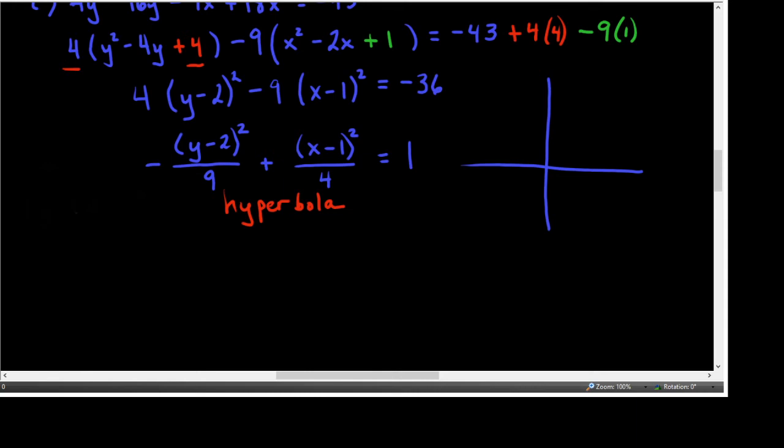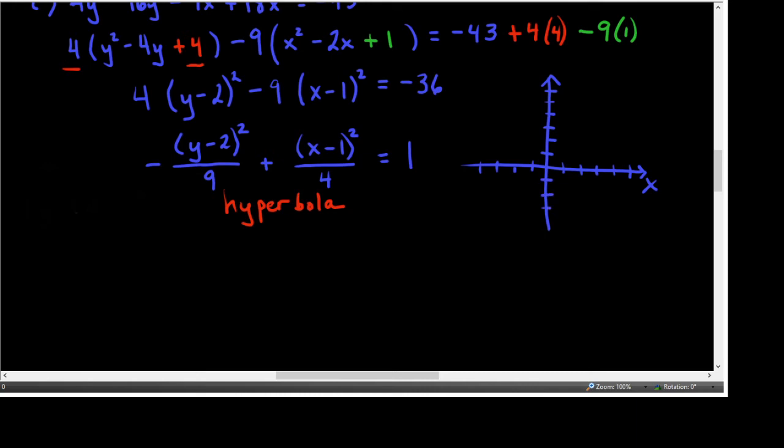The center of this one is at what? I'll let you think for a second about that while I'm doing this. Okay, did you think the center was at 2, 1?